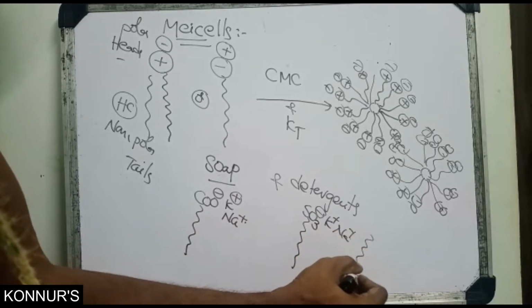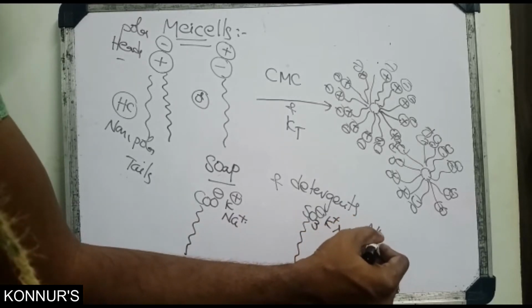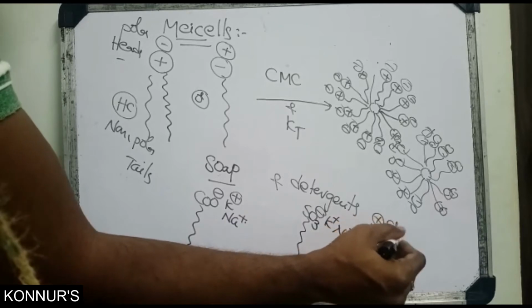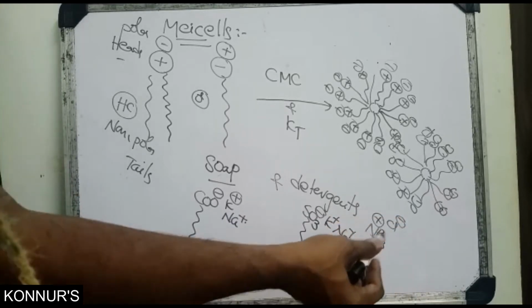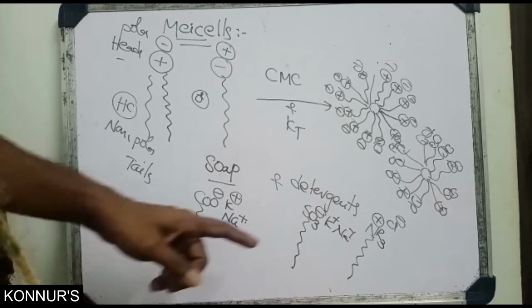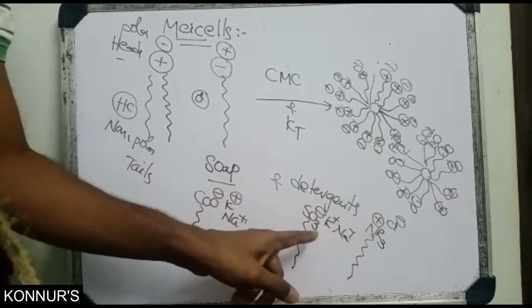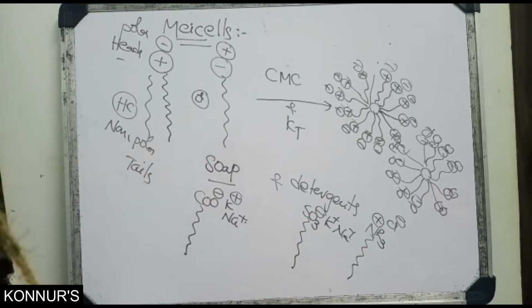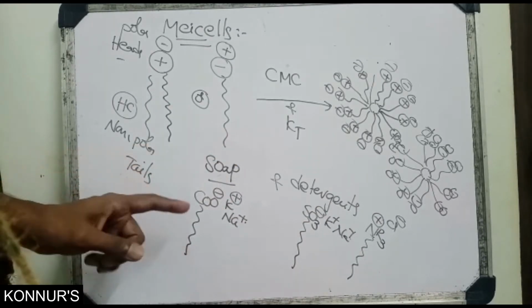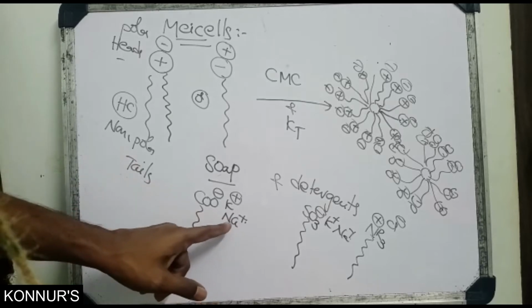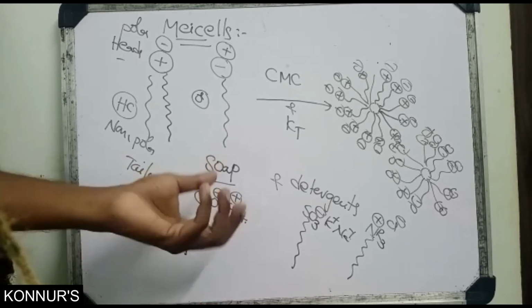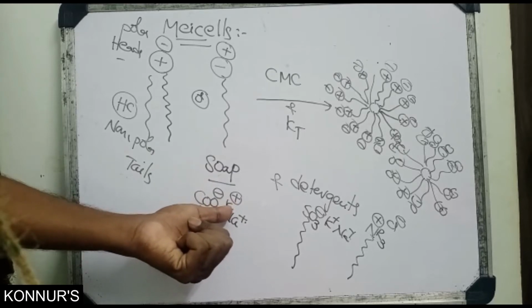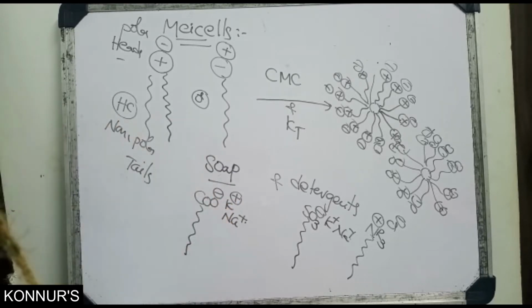Otherwise, for the positive you can take ammonium, with Cl minus or any negative charge. So the longest hydrocarbon chain with COO minus and with potassium, otherwise sodium. Generally, sodium means detergents, our cloth soap. Potassium means our toilet soap.